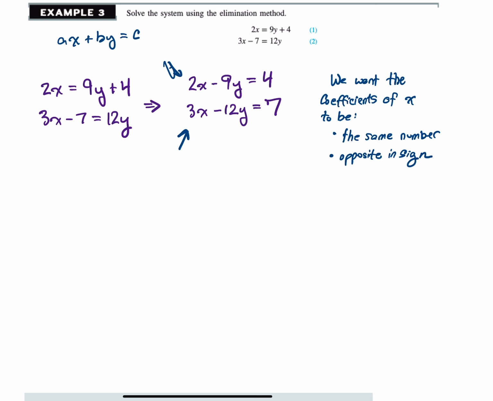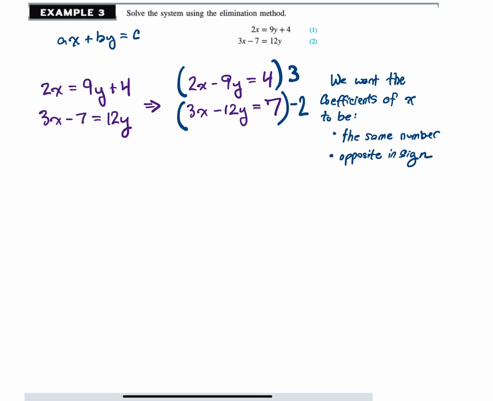Well, if I multiply this first equation by 3, that will give me a 6x. And then if I multiply the second equation, to make the 3 equal to 6, I multiply it by 2. And I want it to be negative so that they will cancel out. So let's multiply the second equation by negative 2.